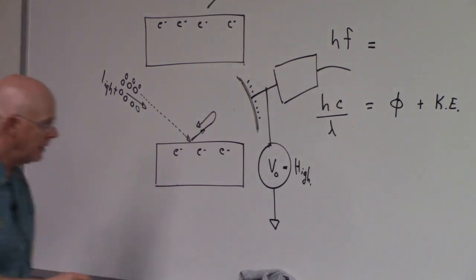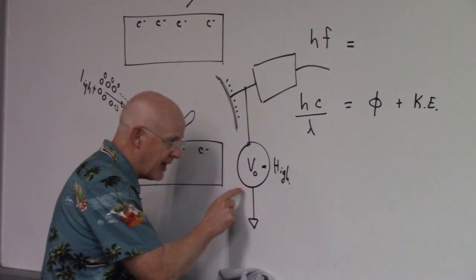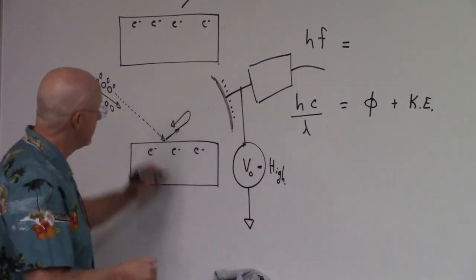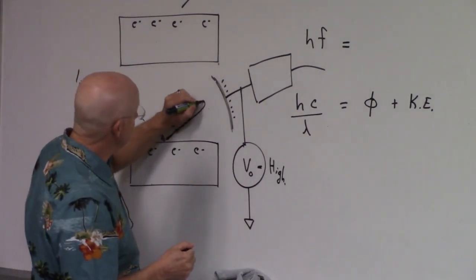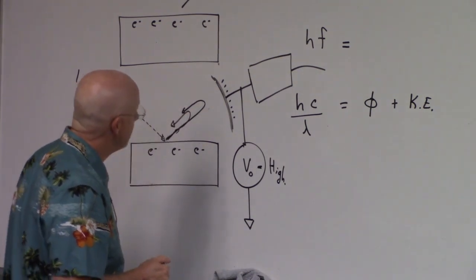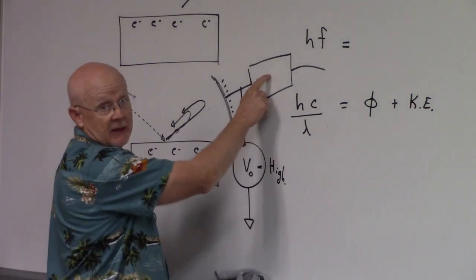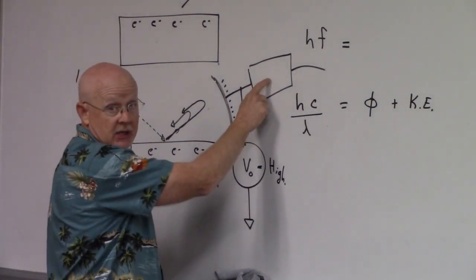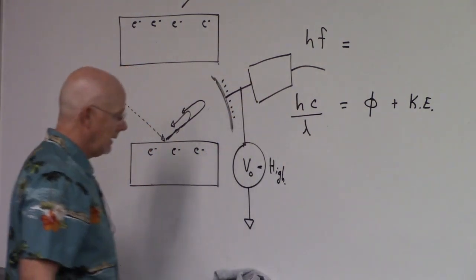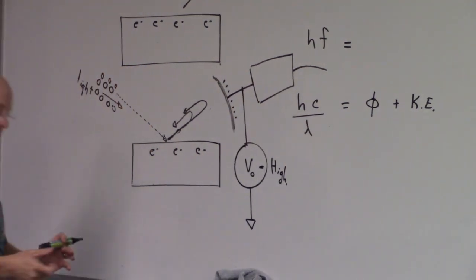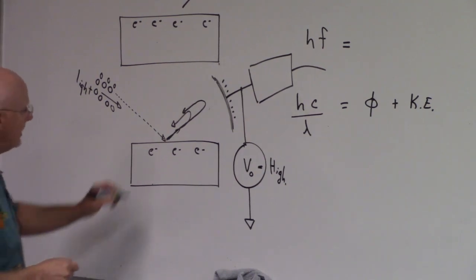And then we will slowly turn down this stopping voltage. And when we first turn it down, they'll get a little closer. We won't be able to see them, so we won't know they're any closer, but we will know we're not collecting anything. So we've got a little counter right here that's going to say, hey, are we collecting any? And it's going to say no, so we'll turn down the voltage a little bit more.